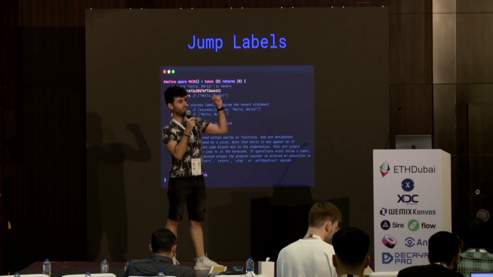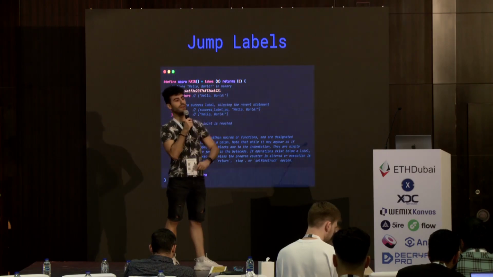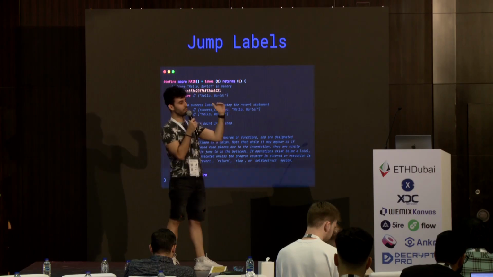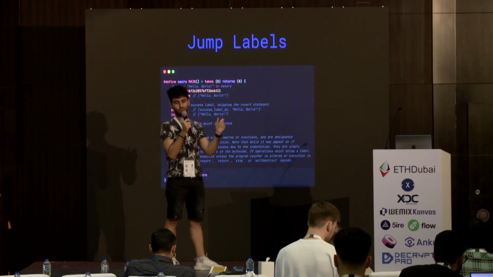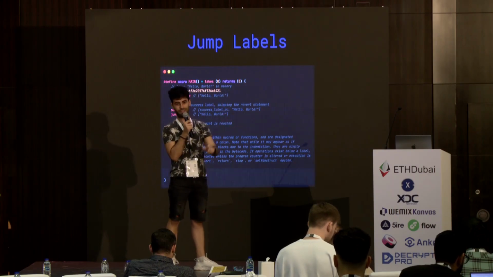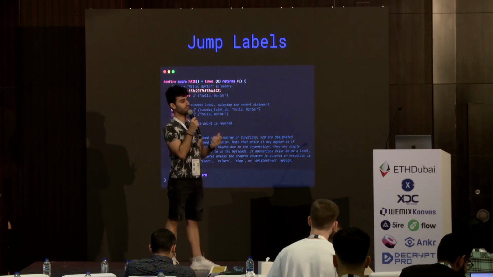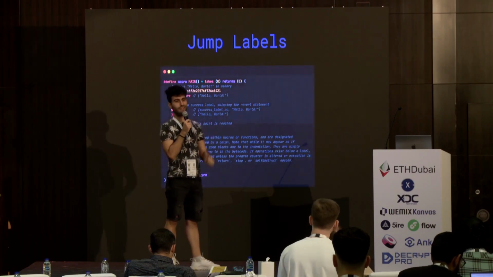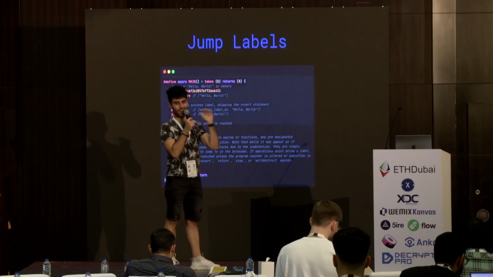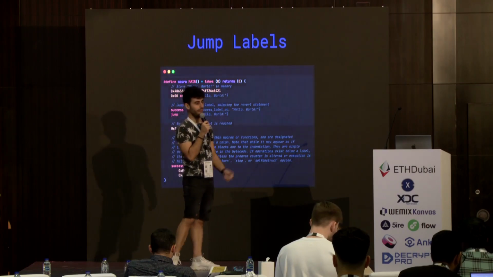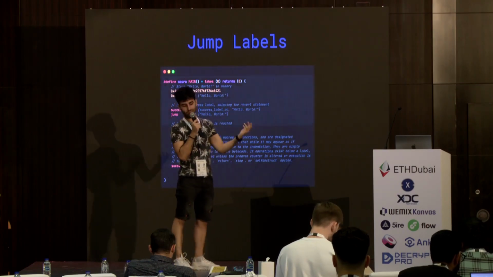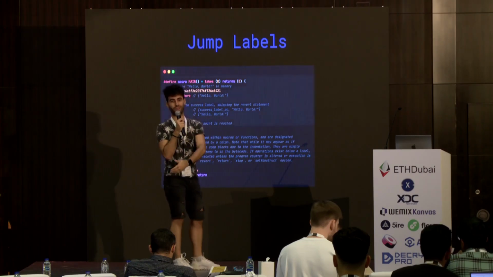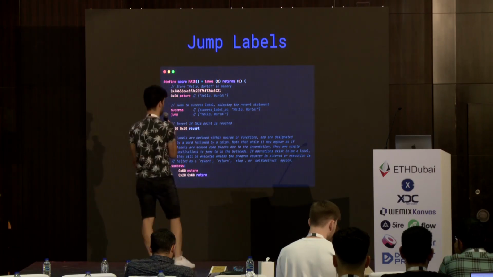So you will put 22 and then jump. And you have to be sure that at the position 22 in your bytecode, there is a jump destination. But if at some point you decided to change the bytecode, then you would have to manually change all the destinations and to change all the places where the jumps are happening. So this is very tedious.